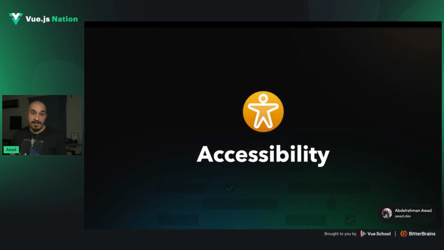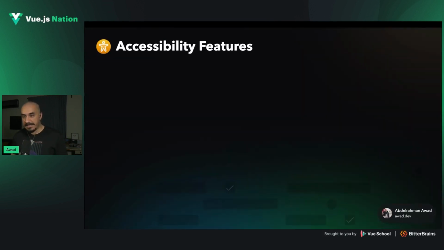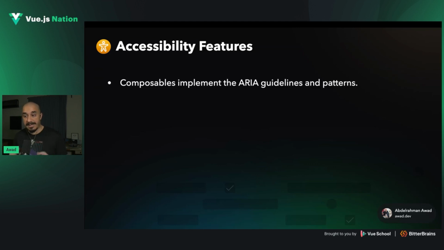So let's talk about accessibility. Accessibility is a little tricky because doing no accessibility is better than doing wrong accessibility, right? Which makes it a little hard, and you can never be perfect. So what we will do is we follow closely the ARIA guidelines and patterns that are published on their website, and we auto-associate inputs and labels in a really interesting way.